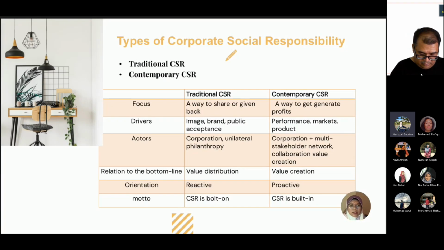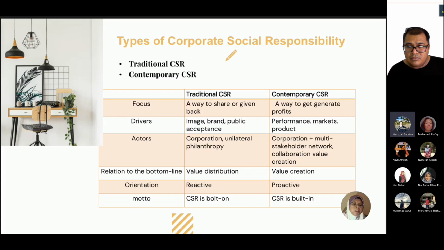Di slide ni juga kita dapat tengok perbezaan antara traditional CSR dengan contemporary CSR. In terms of focus, traditional CSR focuses on a way to share or give back. For contemporary CSR, the focus is a way to generate profits. Traditional CSR drivers are image, brand, public acceptance.